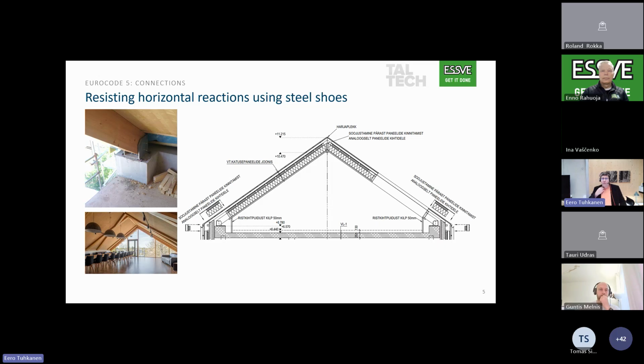From my own experience, when you have a very big span, you don't have any other choice but to use so-called steel shoes, so that the rafter can go into it and it can take the horizontal force. There is no way to make this connection timber to timber, for example, because it's too big.